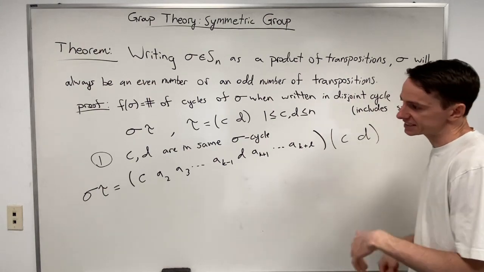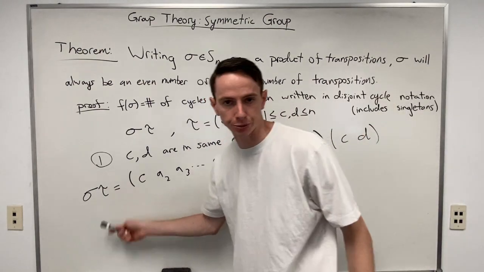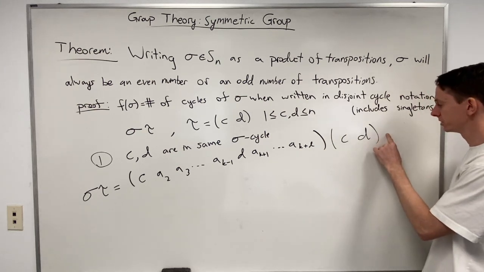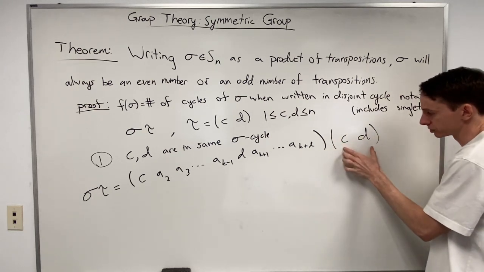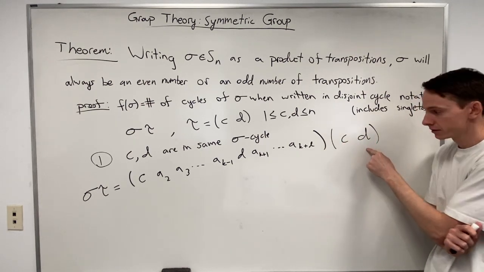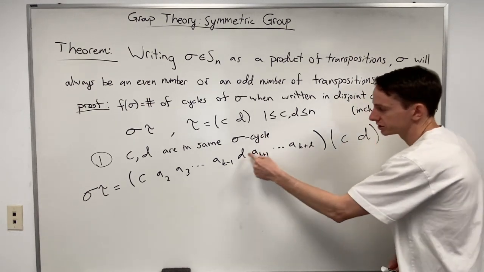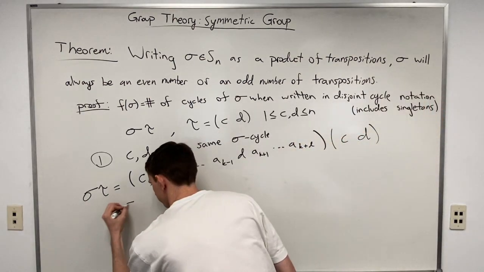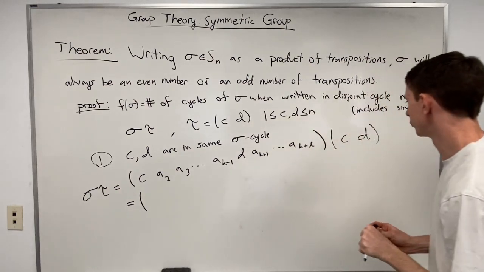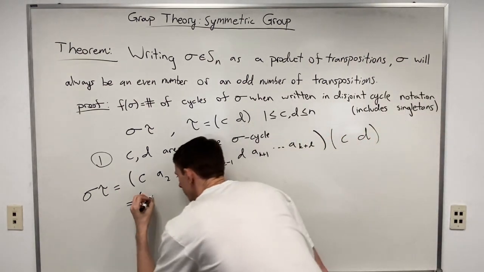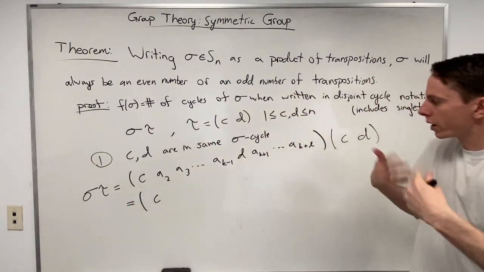So let's say that C is the input to this permutation sigma tau. If C is the input, then C first gets manipulated here. C maps to D, so now we have D, and then D goes to A_{k+1}. So we can rewrite this: if we start with C, where does C go to?